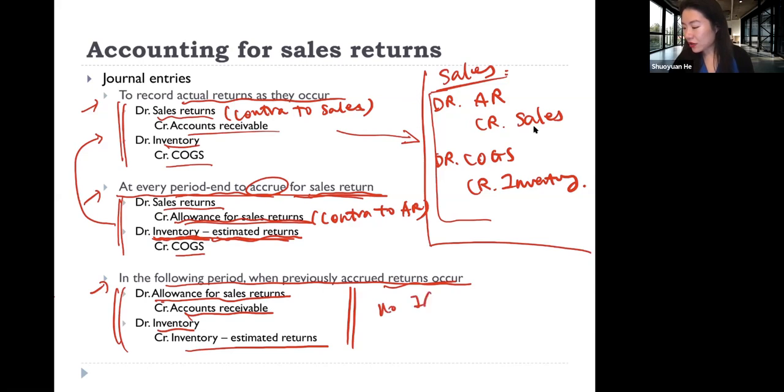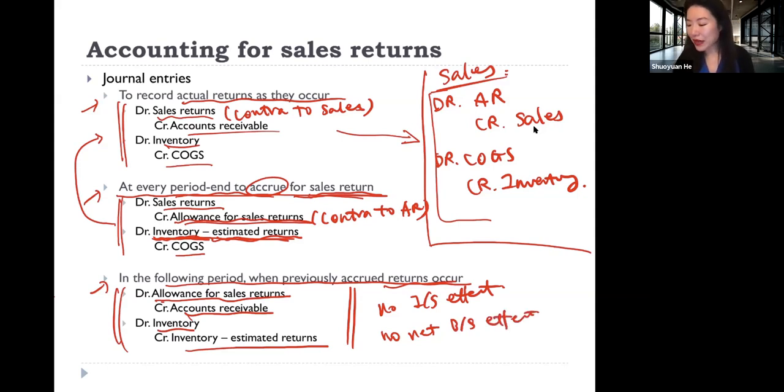No, there's no income statement effect. It may impact different accounts, but there's no real income statement effect. Is there any net balance sheet effect? No, there's no net balance sheet effect.